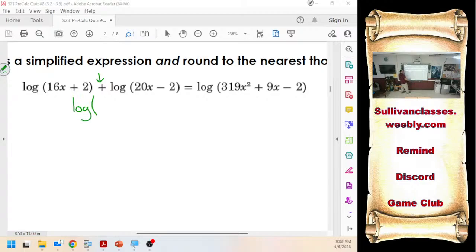Log of, I'm going to take this guy times this guy. Distribute, combine like terms, don't do like freshmen. We'll have 16 and 20 is 320x squared. I'll have a negative 32x plus 40x is plus 8x minus 4.